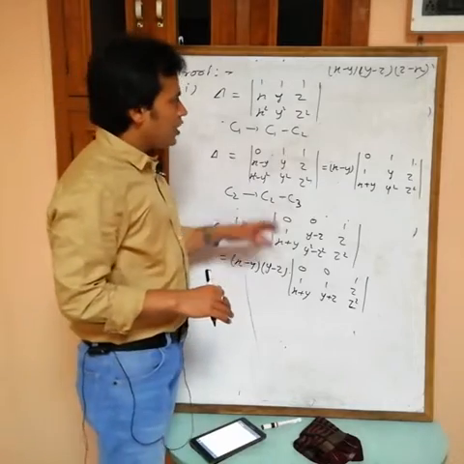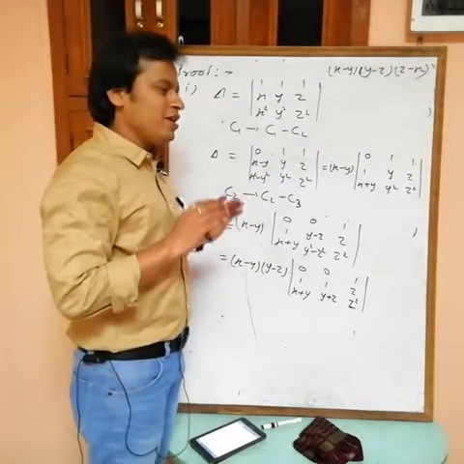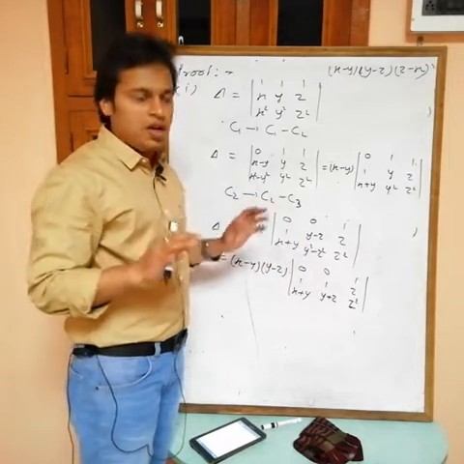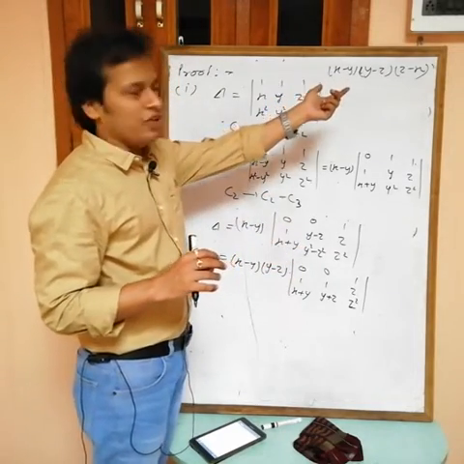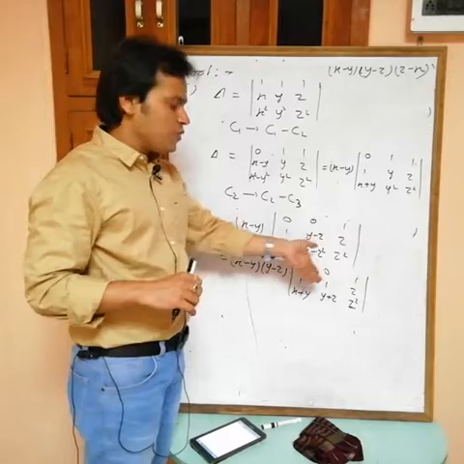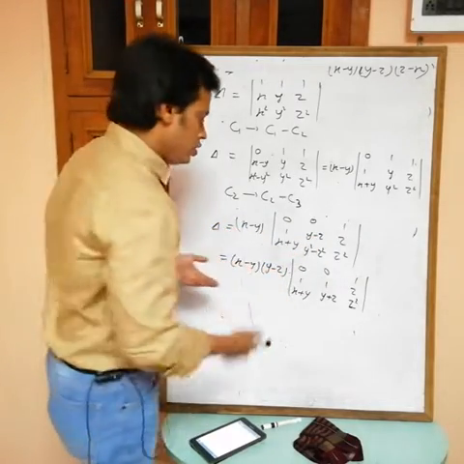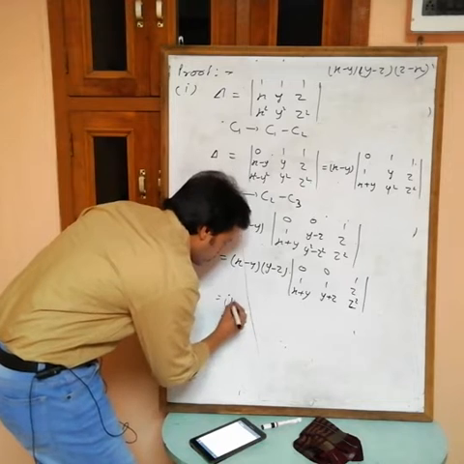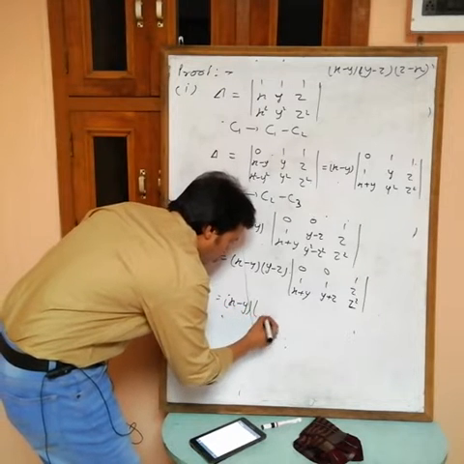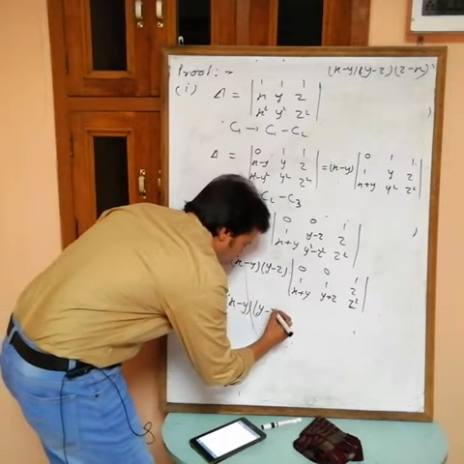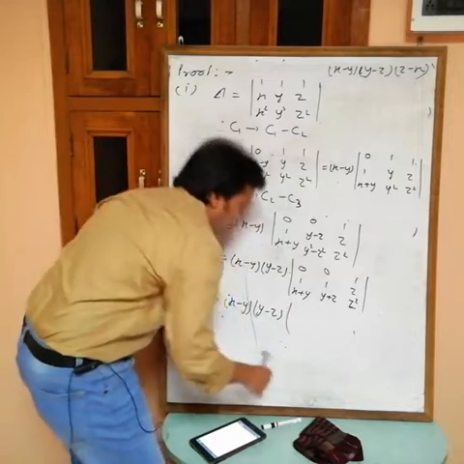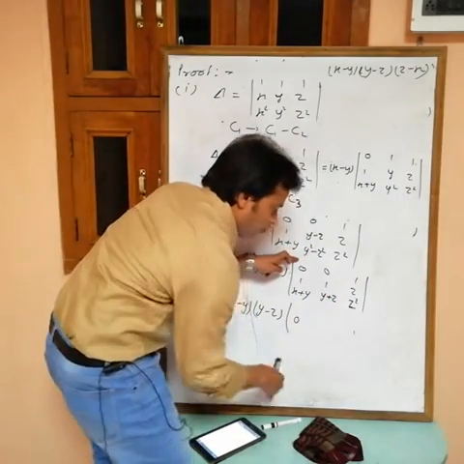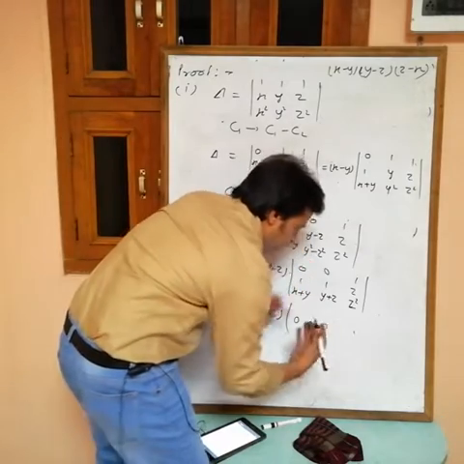Now again we want z minus x, but now no problem, because in one row we have two 0s, so expand. Also we now have only one factor remaining, so automatically when we expand you will get it. Anytime you get two 0s in any one column or row, just expand the determinant. I am expanding with respect to R1. So 0 multiplied with its cofactor becomes 0, and again 0 multiplied with its cofactor becomes 0.